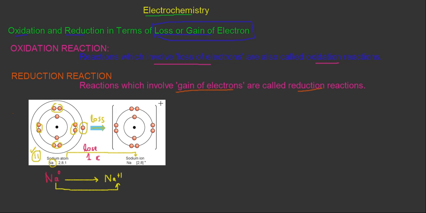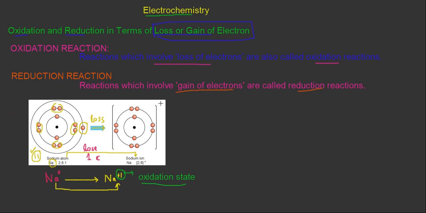This +1 is known as the charge, and this is known as the oxidation state. Oxidation state is basically the apparent charge that an atom has.